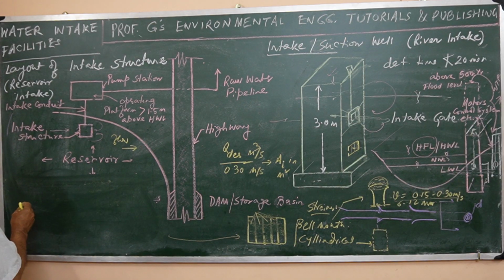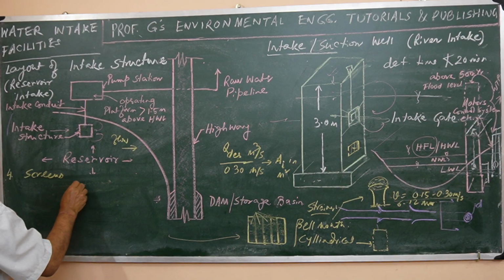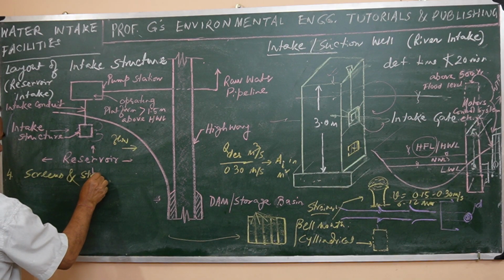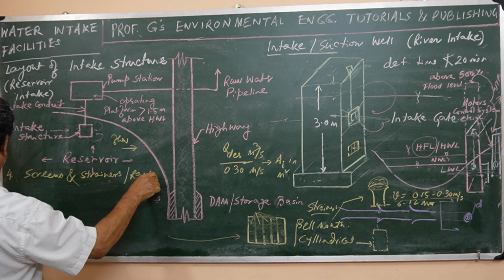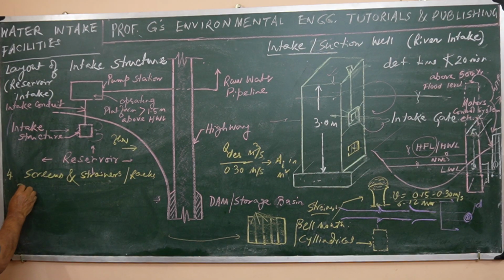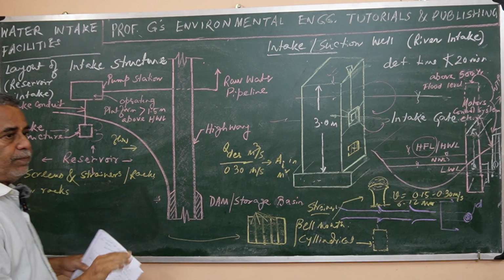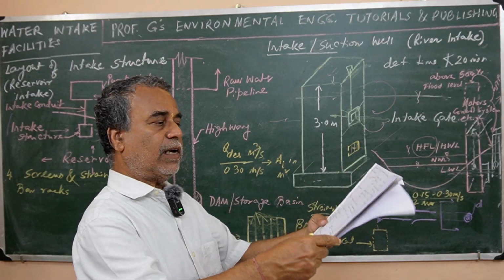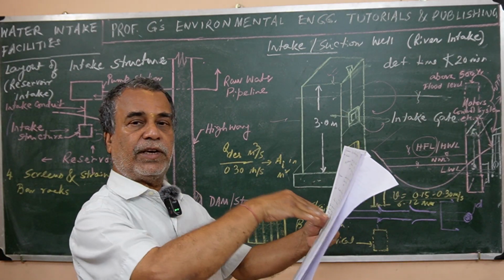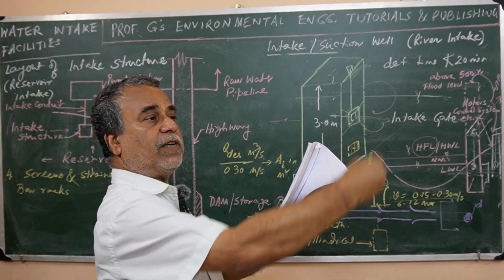Okay, so that is there. Then this is the fourth part, I suppose. Third is the intake gate. Fourth is the screens and strainers or racks. Now bar racks means, suppose this kind of bar you have provided here, inclined, and the water is entering through that before the pumping is done downstream.